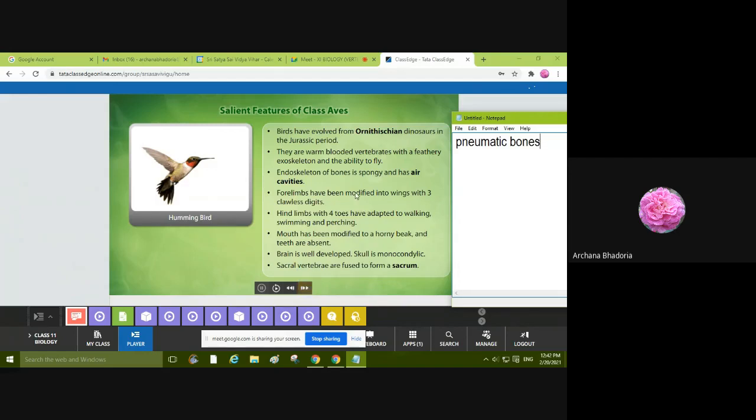Warm-blooded animals, try to remember the technical words: homeotherms and poikilotherms, children. Poikilotherms are cold-blooded. What do you mean by poikilotherms?